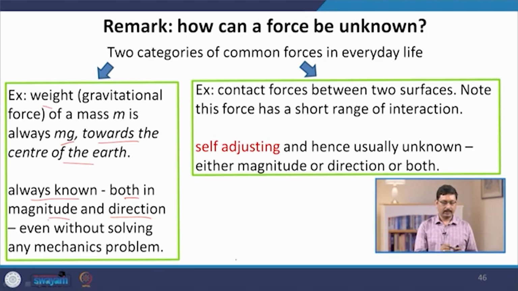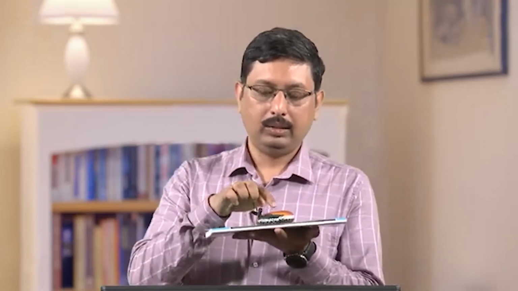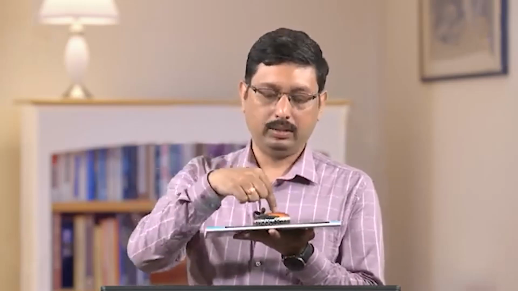Now, contrast this with another situation, for example, the contact forces between two surfaces. Remember a typical block on a plane problem. If I take this block on the surface of the notebook, then the contact force between the block and the notebook is, in general, unknown. Typically, we resolve this into two components, one perpendicular to the surface and one parallel to the surface.